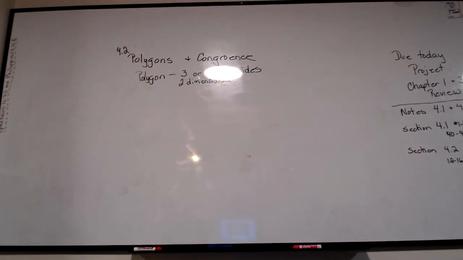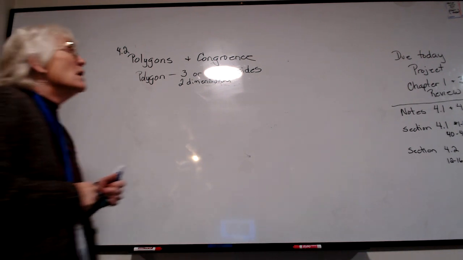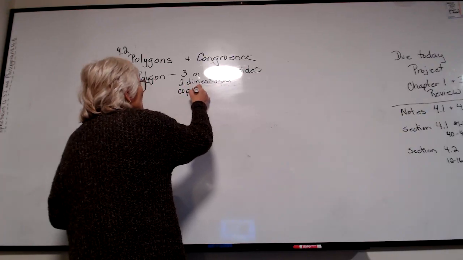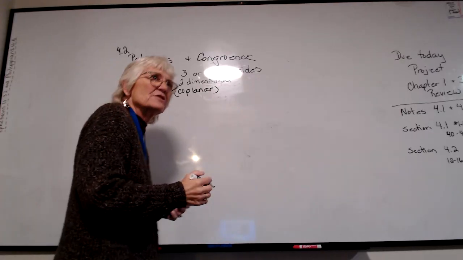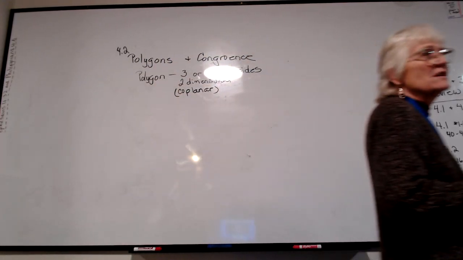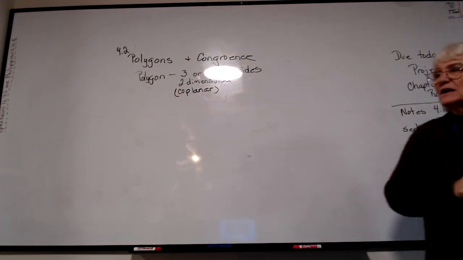You know what else a polygon has to have? It's on the same plane. They're all coplanar, yes. Coplanar. That actually is kind of described by two-dimensional, because two-dimensional is on a plane. Okay, but they are coplanar.